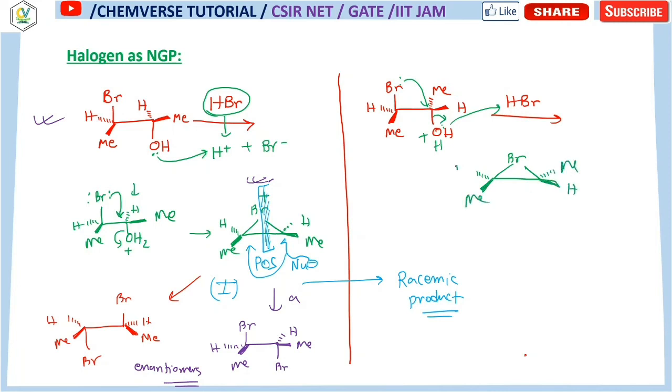Okay. Now here no plane of symmetry is present, no POS is present. Now the anionic counterpart of this HBr can attack over here or over here. So in both cases, the same meso compound will be formed. There will be a compound which is a meso compound.